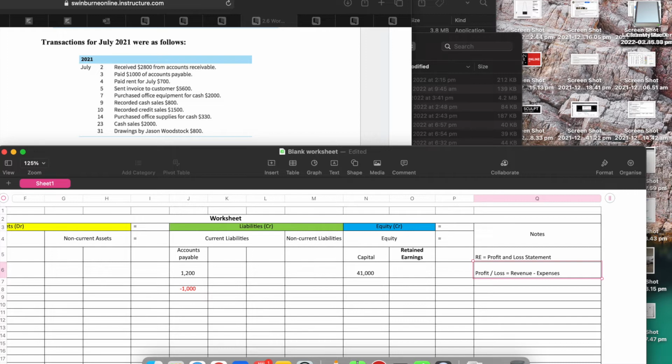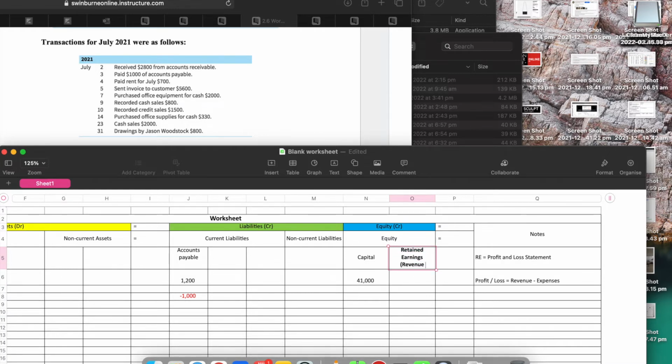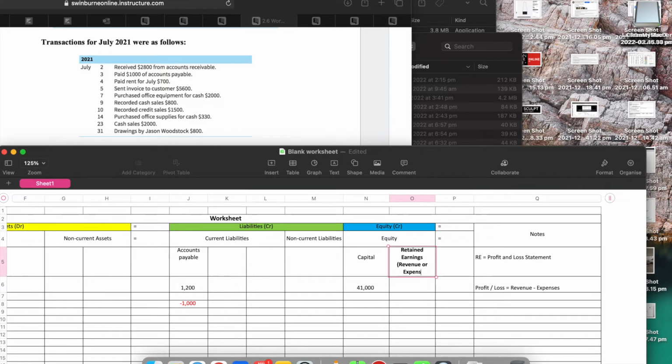So for example, here we're paying rent. Rent isn't an asset, it's not a liability, and it's definitely not equity. It's an expense, it's a bill we have to pay. So for this worksheet purpose, we are sticking any revenue or expenses here.